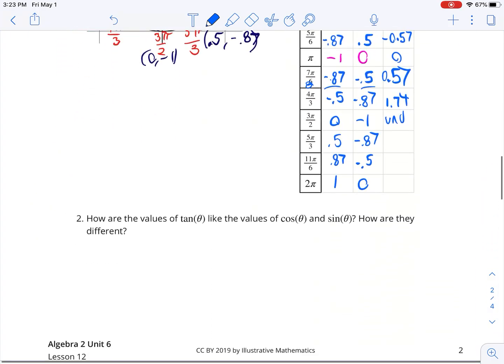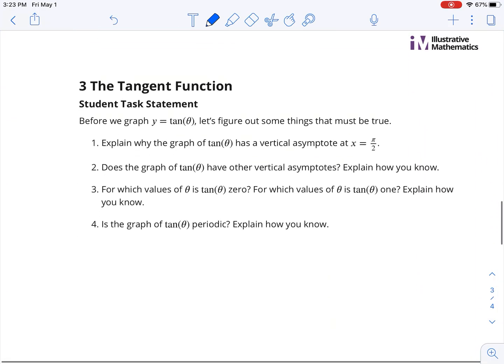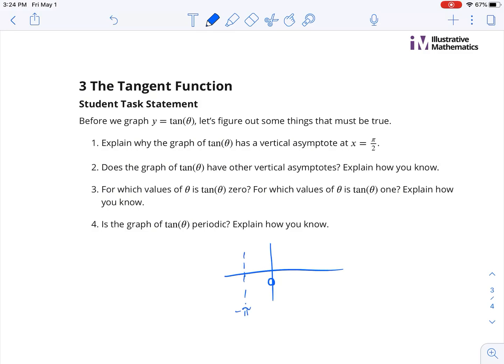And what you will see when you graph tangent is that we're going to have this function that is starting to increase over time. This is 0. This is going to be negative pi over 2. This is pi over 2. It goes through here at 0, and it starts to approach this as it's getting bigger.